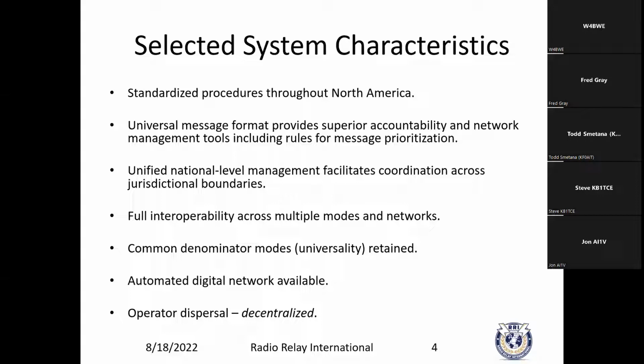We want to have unified national level management processes to facilitate coordination across jurisdictional boundaries. We wanted to have full interoperability, and we wanted to include both common denominator modes, these universal modes like voice and CW, in addition to the digital traffic network, which is a modified hybrid mesh network.